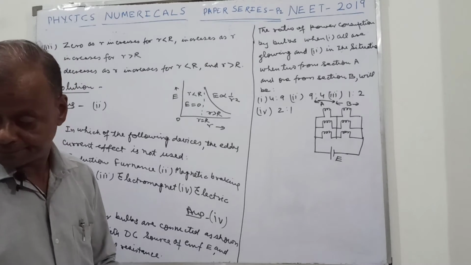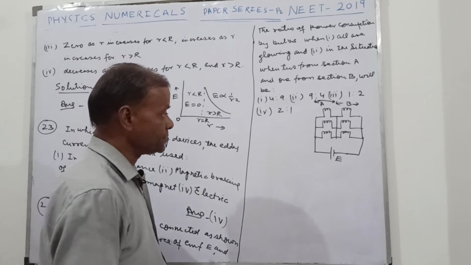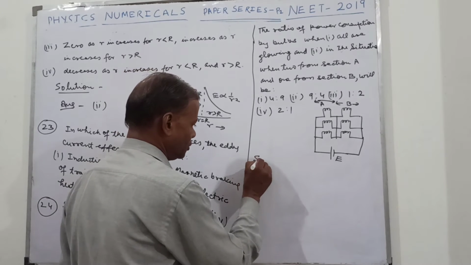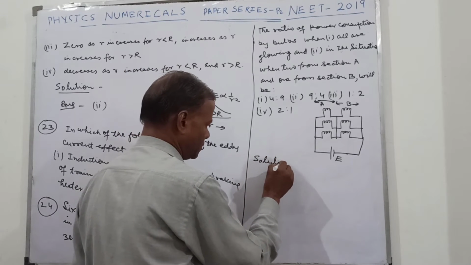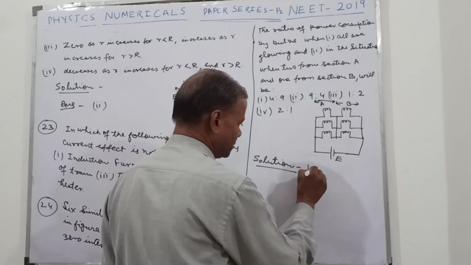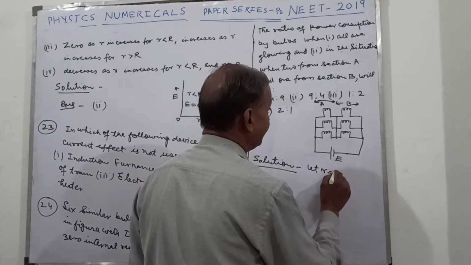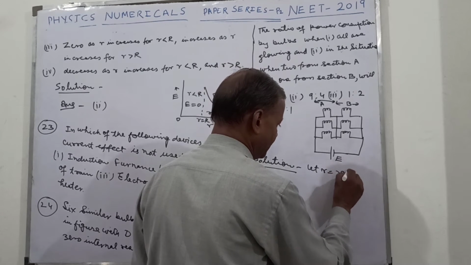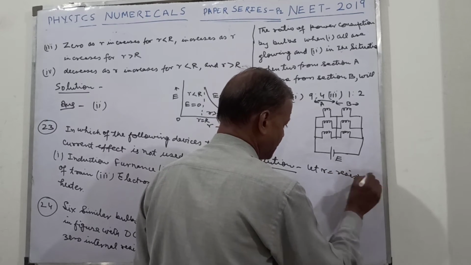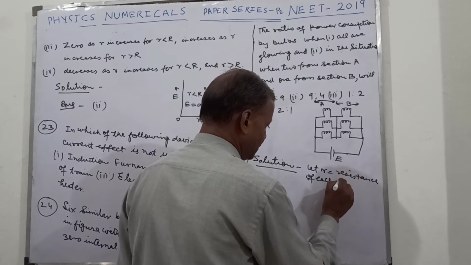All the bulbs are similar, so they will have the same resistance. So now solution. Let R equal the resistance of each bulb.